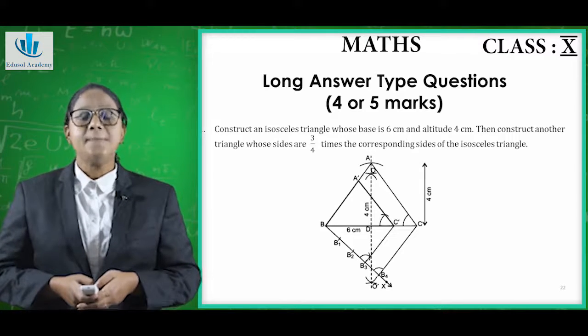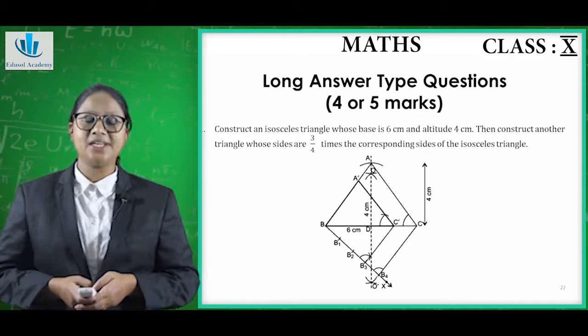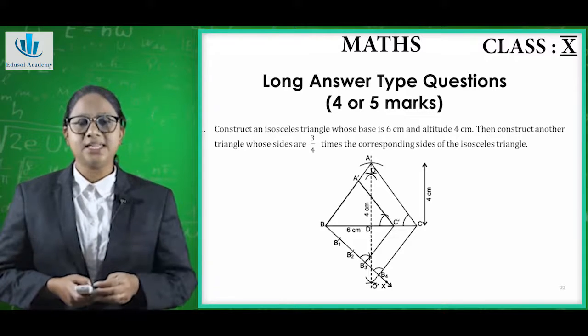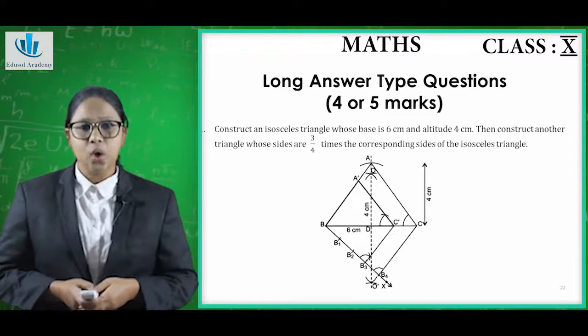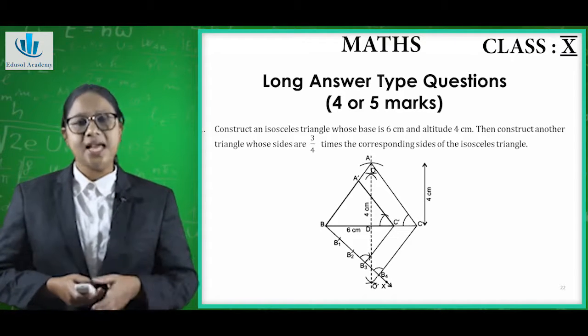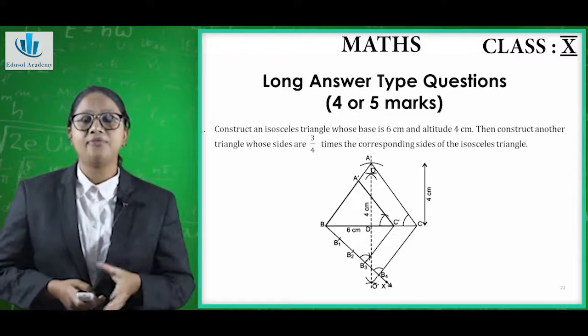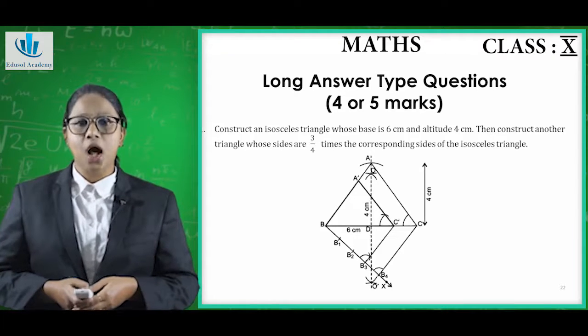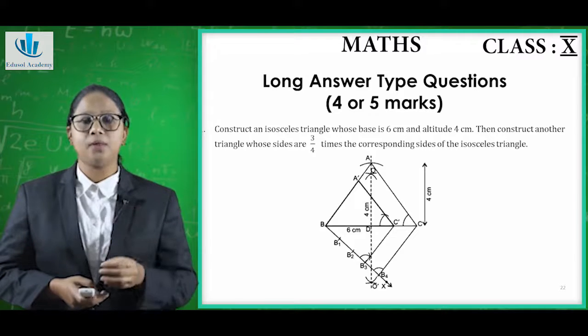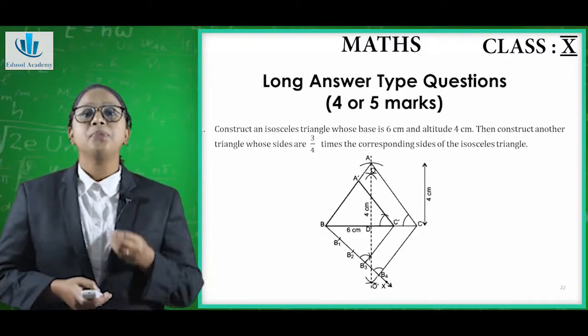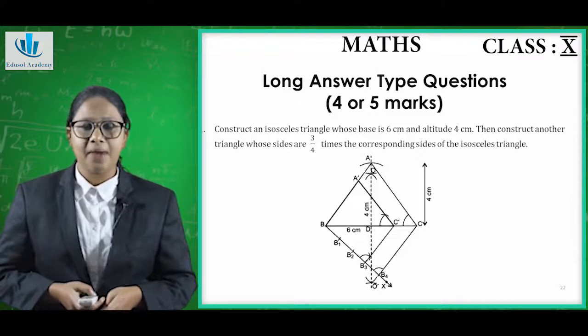So let's begin with BC equal to 6 cm. Now with B as center and more than half BC as radius, cut two arcs, and with C as center and more than half BC as the radius, cut another two arcs. Joining the meeting points of the arcs, we will get the perpendicular bisector.